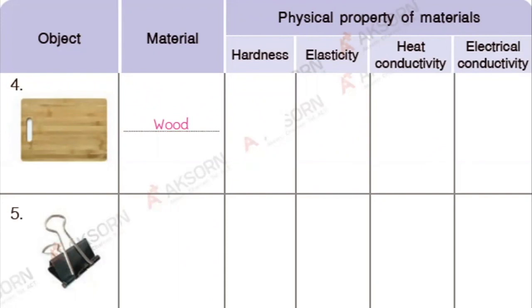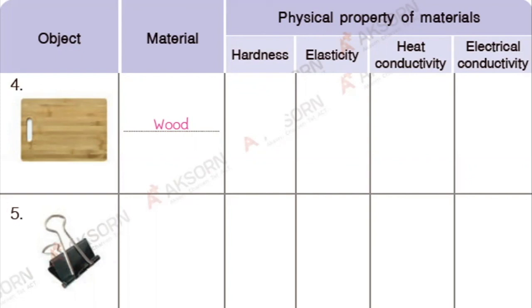Okay, number 5. What is number 5? It's a paperclip, right? And what kind of material do we use to make a paperclip? You can answer this question and write down the material we use to make object number 5, paperclip, and choose the physical properties of metal. All right, we use metal to make a paperclip, so the material is metal. I want you to write down metal by yourself.